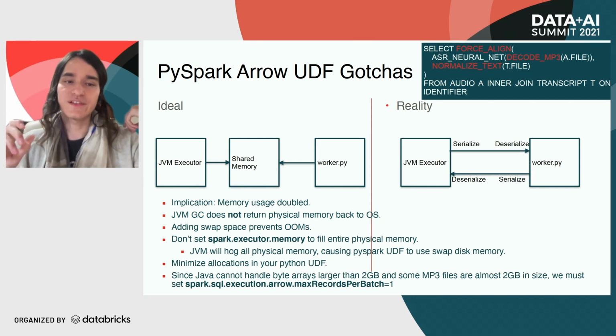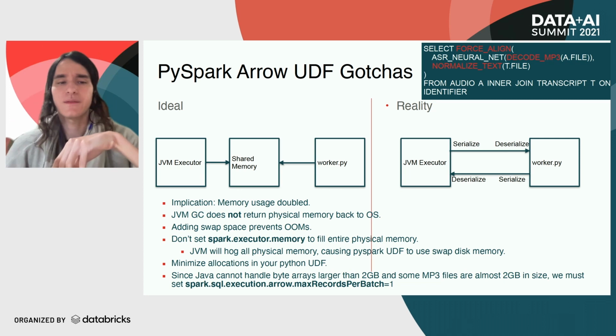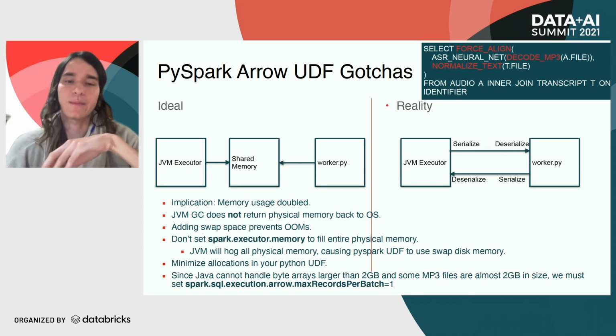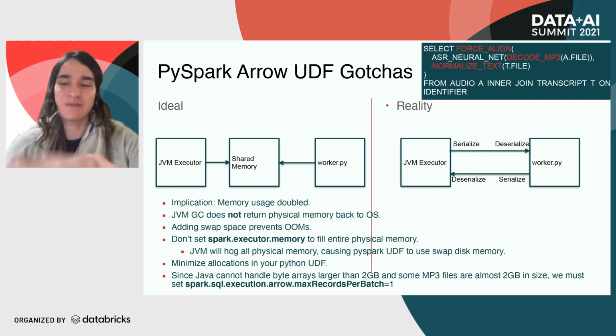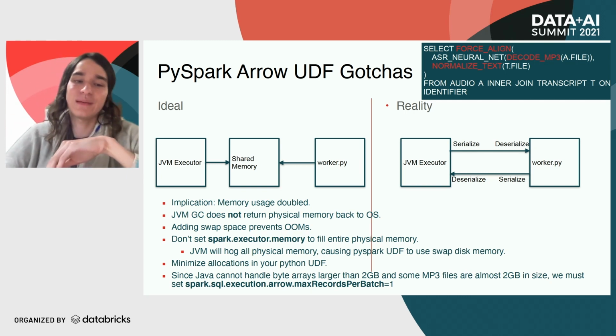The Java virtual machine garbage collector, at least as of Java 8, does not return physical memory back to the operating system. So what that means is that at the very least, on your systems, you want to add swap space. I know that some of you may not have that option just because that requires sudo access. You might be using a shared cluster, and maybe you can't convince your DevOps team to do that.